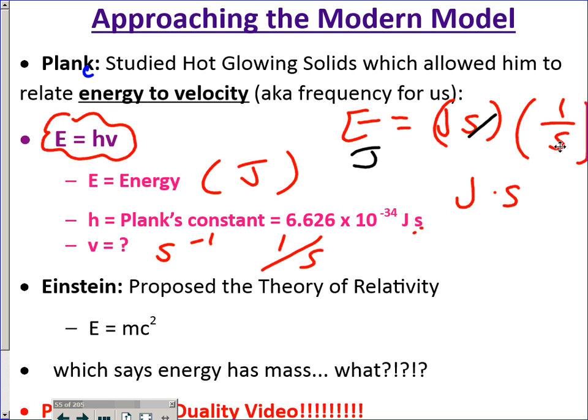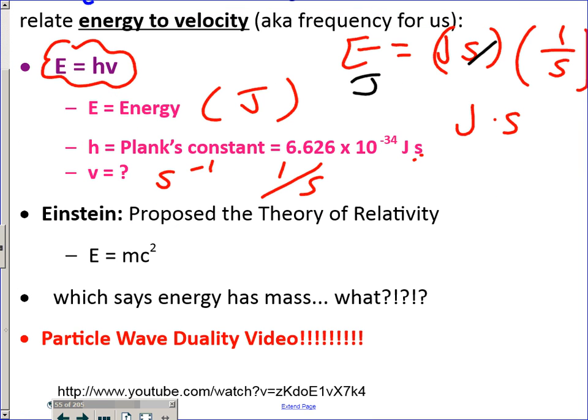because they will cancel. So alongside, now we call this the modern model because we're approaching what we currently believe the atom looks like and how the electrons behave. So we've gone through all this history, but we're getting to the end here, okay? So Einstein was relevant in terms of Planck's discoveries, but we don't necessarily calculate with his equation in chemistry, we do in physics, but there is a relationship between these two energies, and we spoke of this in the law of conservation of matter, because we talked about how matter contains energy, and there's a particle wave duality with that.